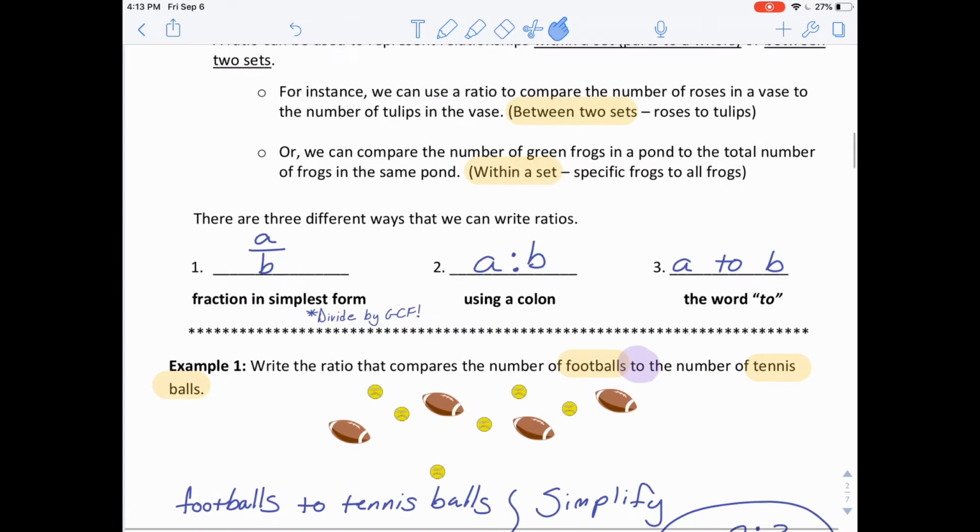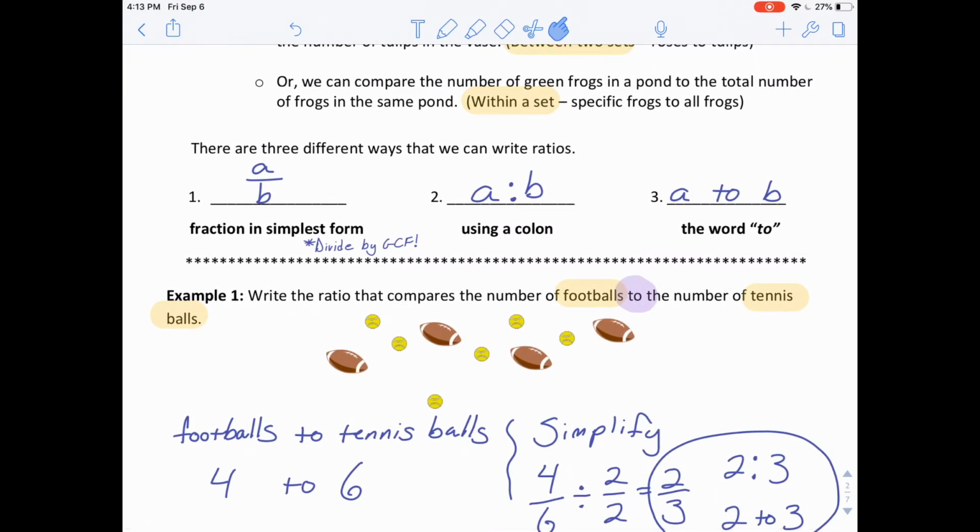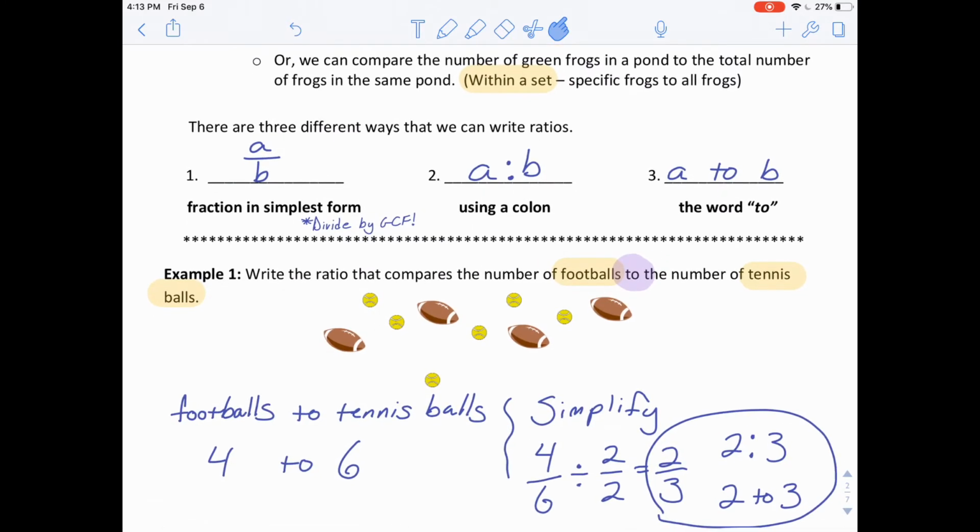Well, there are 4 footballs to 6 tennis balls, so that is my ratio. Now again, when I go to write this as a fraction, I do need to put it in simplest form. So the greatest common factor of 4 and 6 is 2, and when I divide and simplify my fraction, I get 2/3. So our ratio in simplest form is 2 footballs to 3 tennis balls.